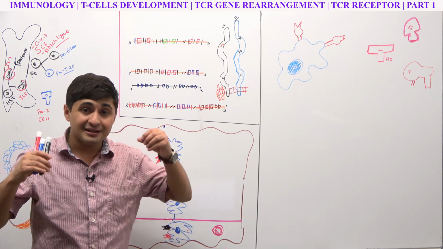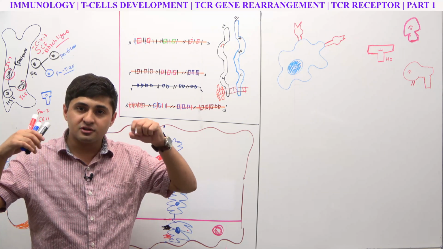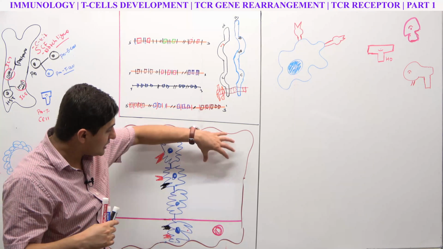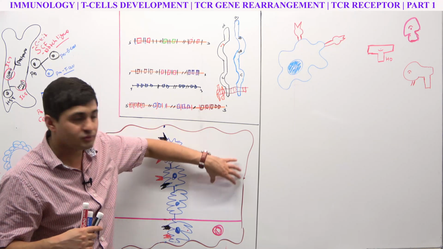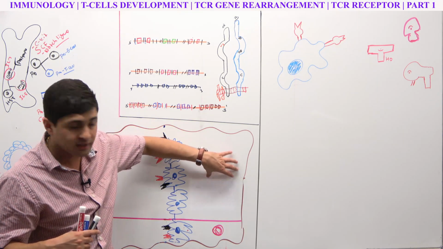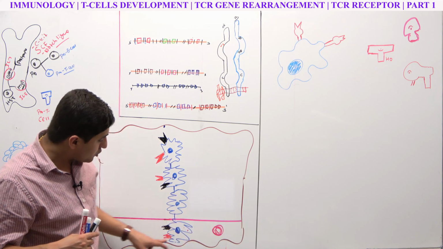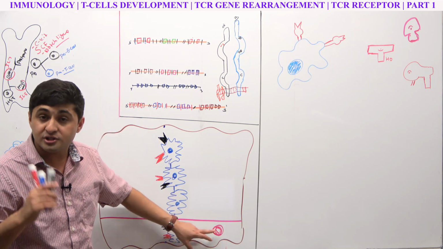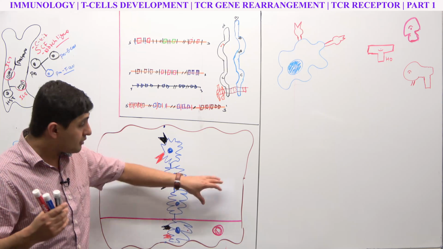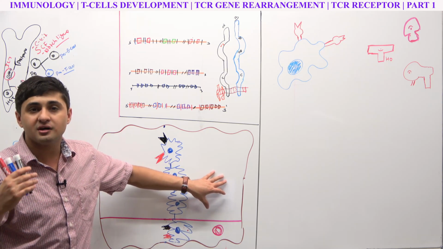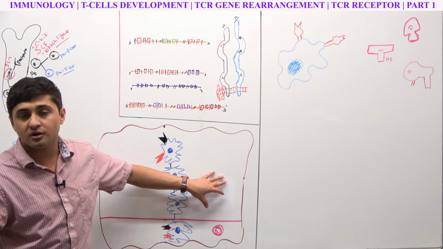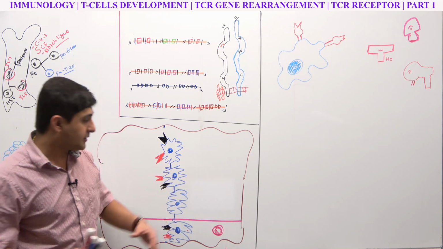When the third pharyngeal arches come together, they make the thymus. So the Hassall's corpuscle, which is located in the medulla of the thymus, is a derivative of the third pharyngeal arch.